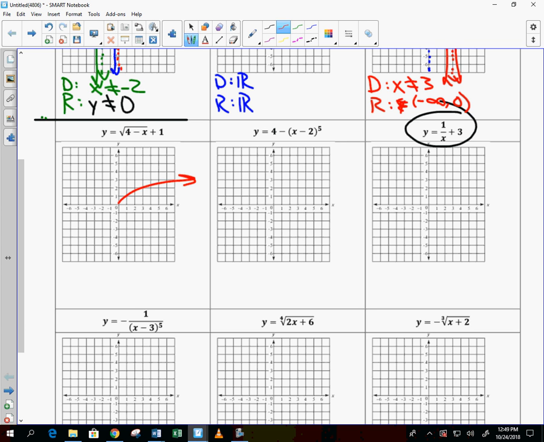Plus 1. 1 unit up. But I have a negative in front of the x. What's the negative in front of the x do? Is it negative on the inside or outside? Inside, so it affects it horizontally. So it's going to flip horizontally the other way.